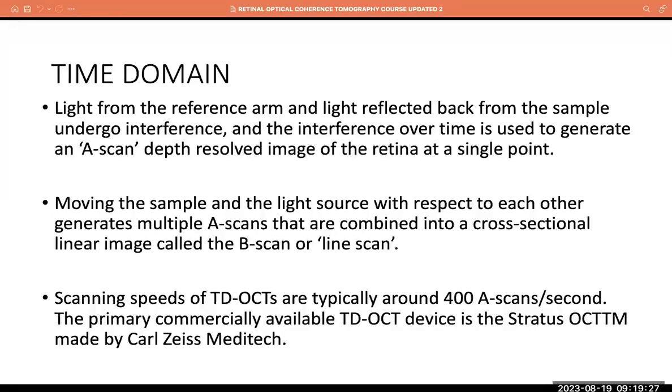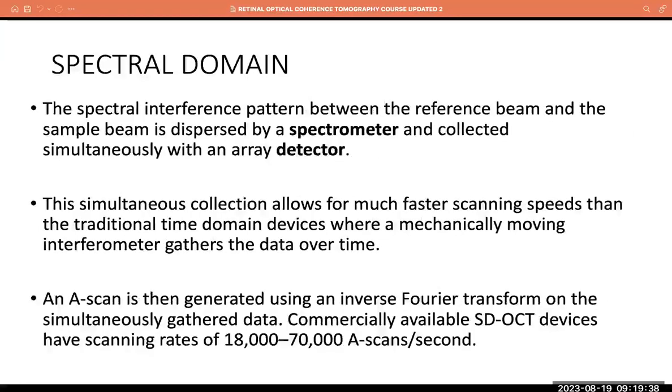So the spectral domain can also be called Fourier domain. What changed the whole thing is the introduction of a spectrometer. The beam is dispersed by a spectrometer, and the interference between the reference beam and the sample beam, that's the beam going to the eye and coming back, is picked up by a detector.